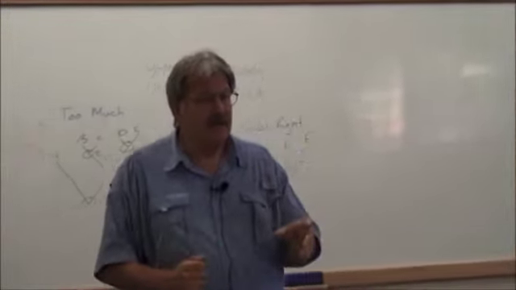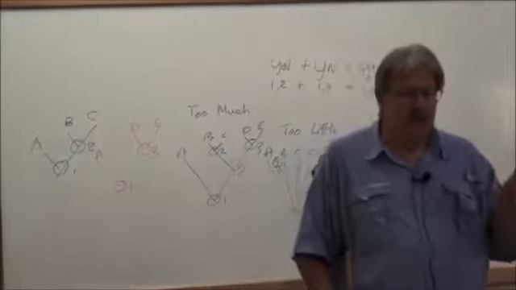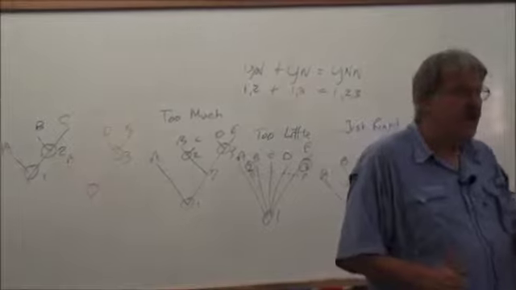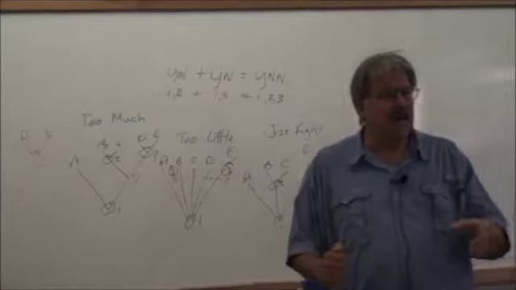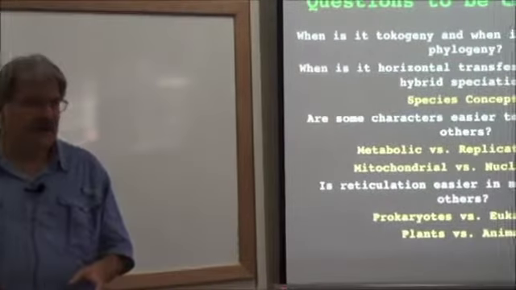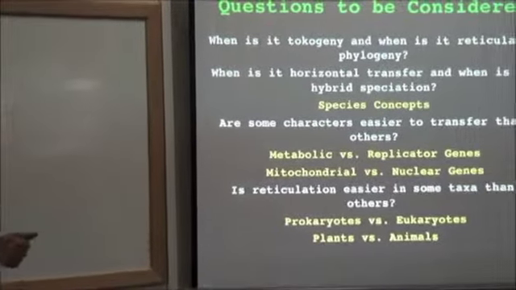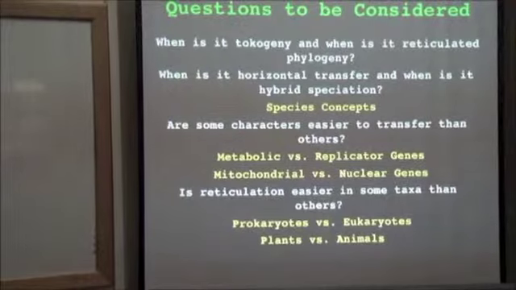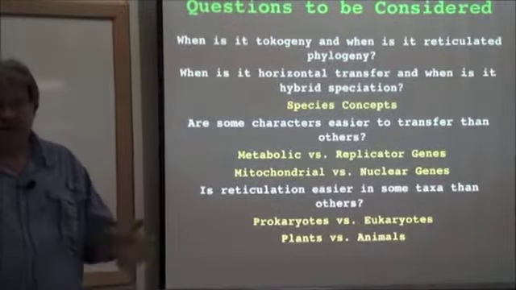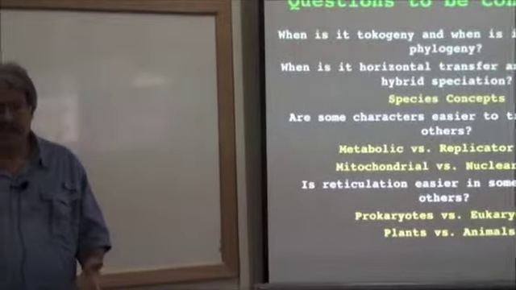And if not, if it turns out that there really is not very much hybrid speciation in animals, but a lot in plants, what is it about those two different evolutionary systems? Because they diverged a long time ago, and they're both very species-rich groups with representatives all over the planet.